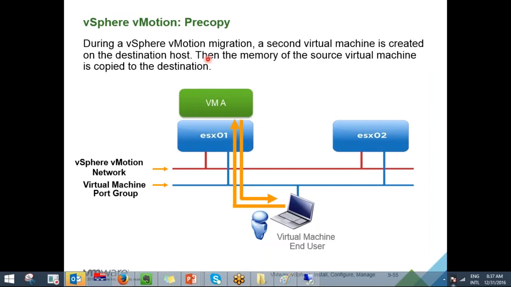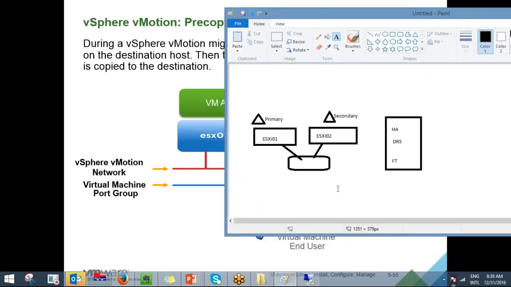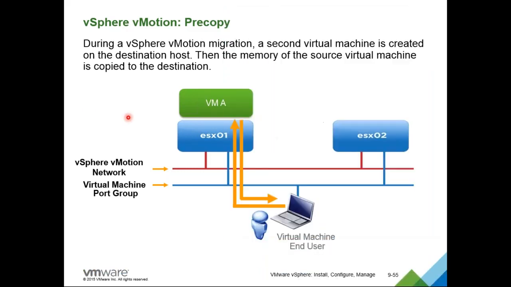This is the normal vSphere vMotion pre-copy functionality. I already explained this, anyway, here also I will explain. This is normal vMotion functionality, how it will create a secondary virtual machine on your destination host.